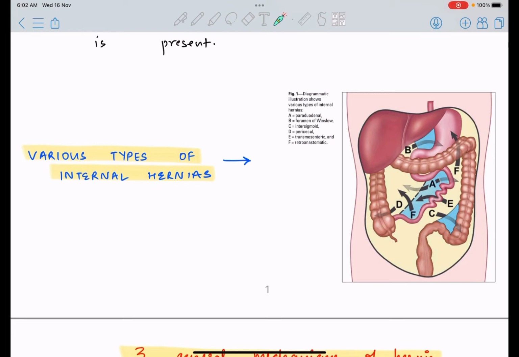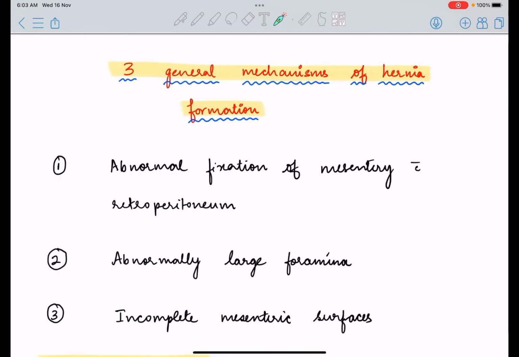Similarly, if bowel travels through abnormal spaces across the mesosigmoid, it gives rise to intersigmoid hernia. There must be some reasons why these hernias don't occur in everyone. They occur in a selected few, less than 1% of the population.